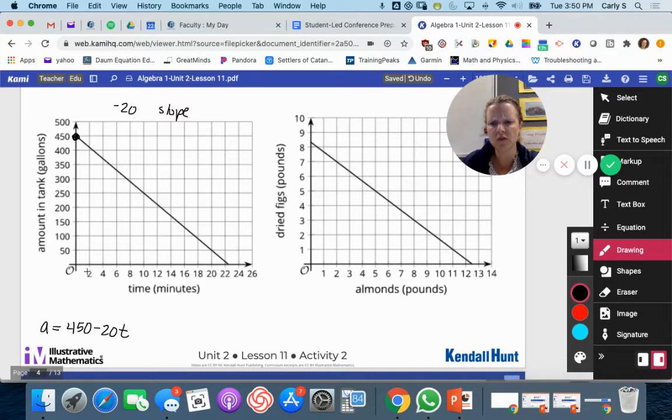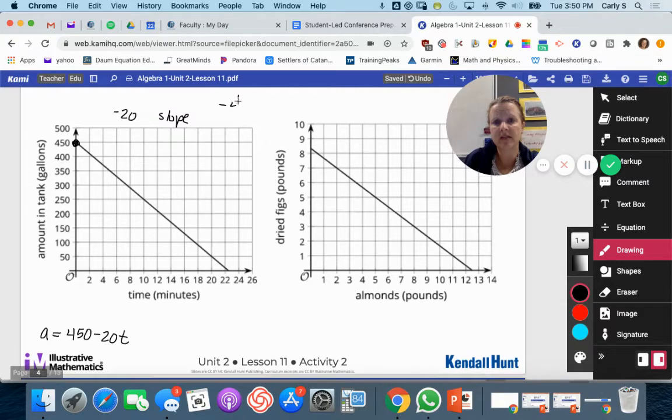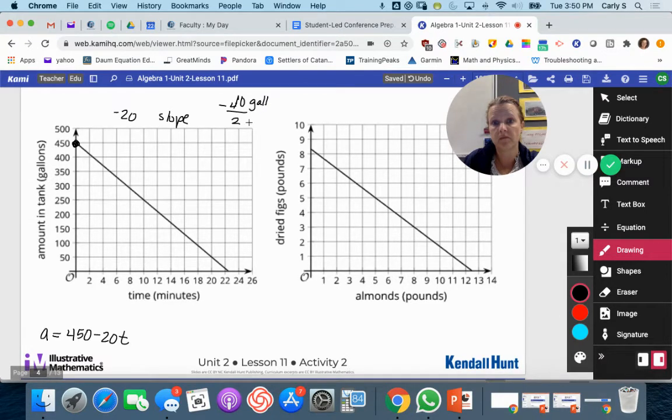Now, these are in 2 minutes. So it would be very helpful to say I'm decreasing 40 gallons every 2 minutes. So if I decrease 40 gallons, 2 minutes, I'd be right about there.